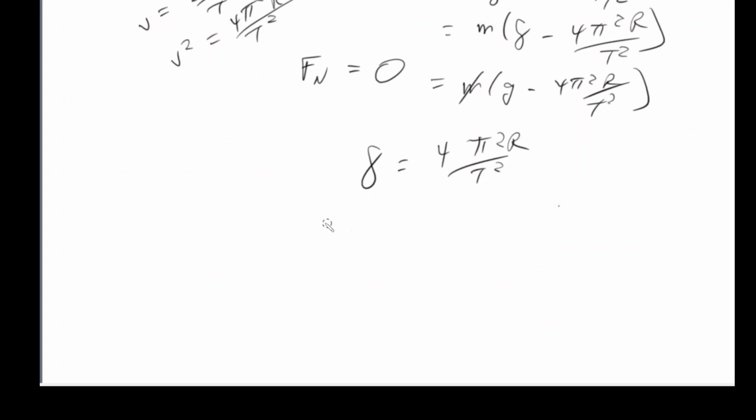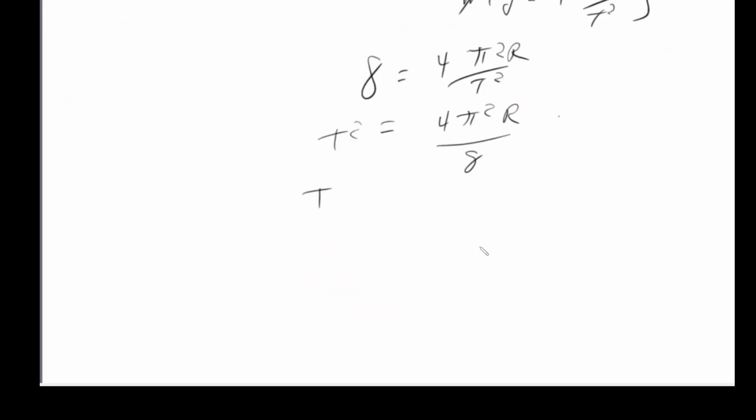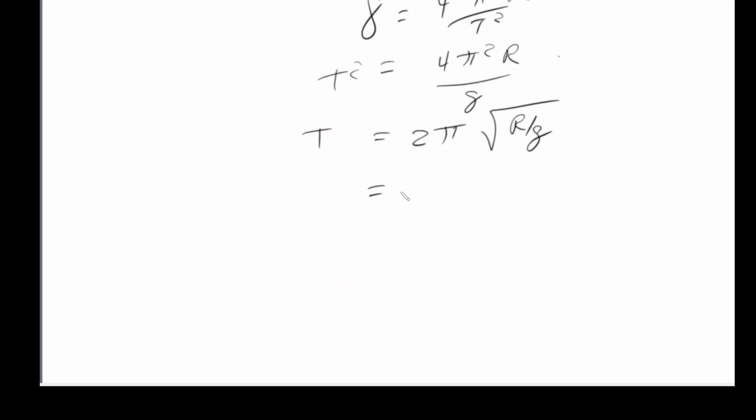And if we solve for t squared, we get t squared is equal to 4 pi squared r over g, or t is equal to the square root of the right side, which is 2 pi times the square root of r over g. And we can put in those numbers.